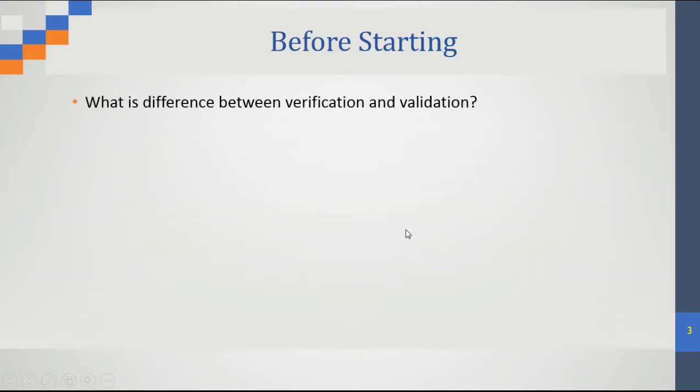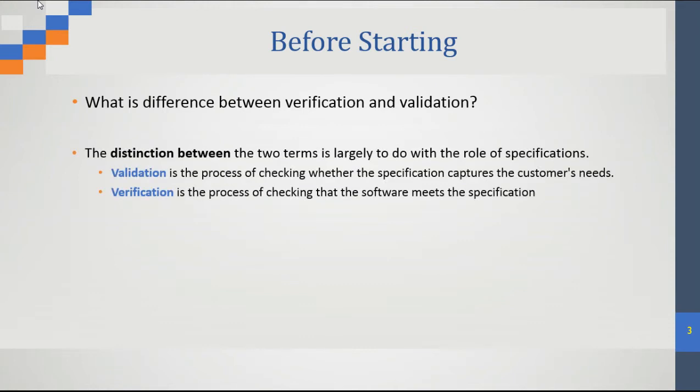Before we start, Uppaal is a verification and validation tool for modeling real-time systems. What is the difference between verification and validation?